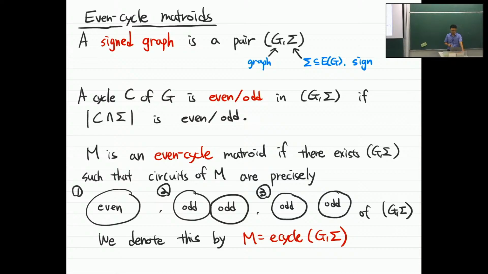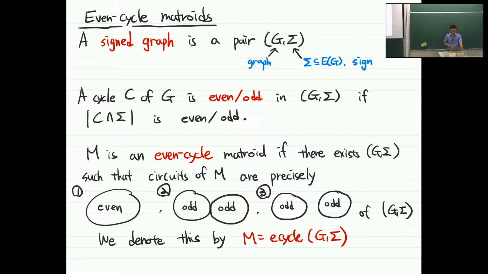An easy way to consider this signed graph is to consider that every edge has a parity, and sigma is the set of odd edges.